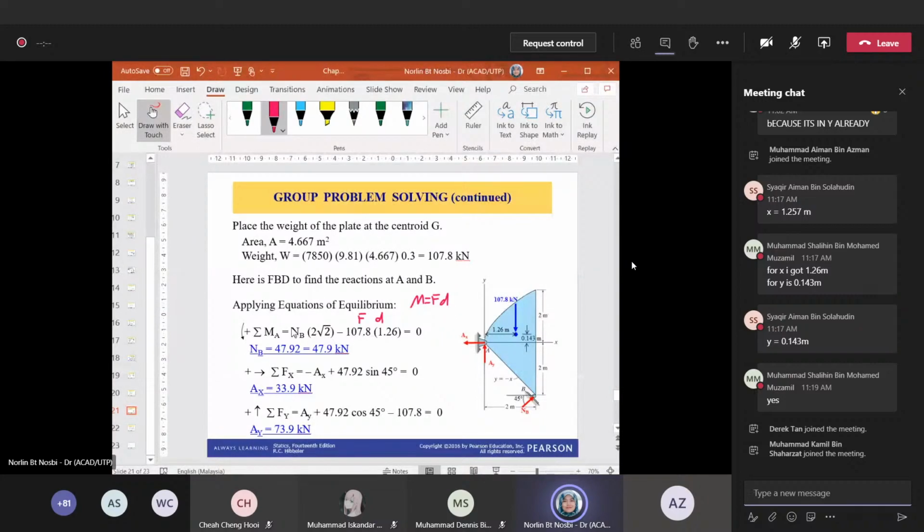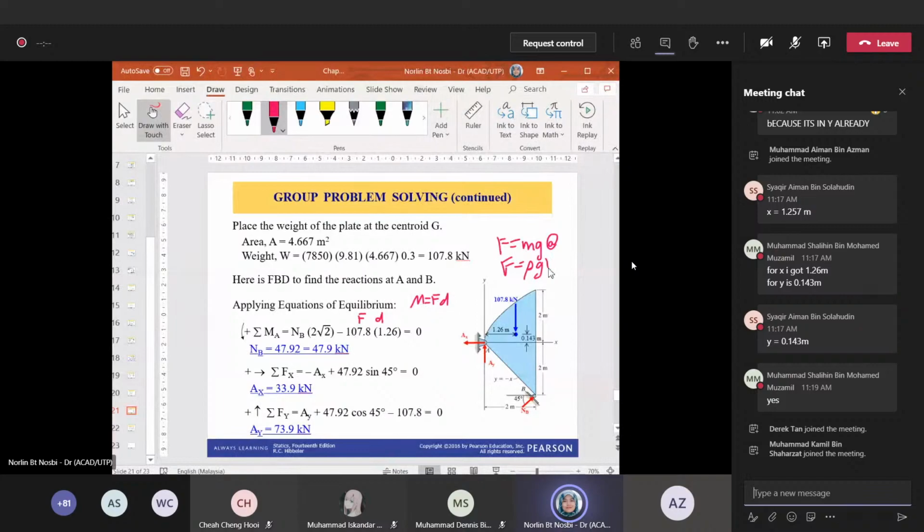So for this plate, you need to find the weight of this plate. How do you want to find the weight? You need to use the formula F equals mg, right? Or you can use F equals rho gV.